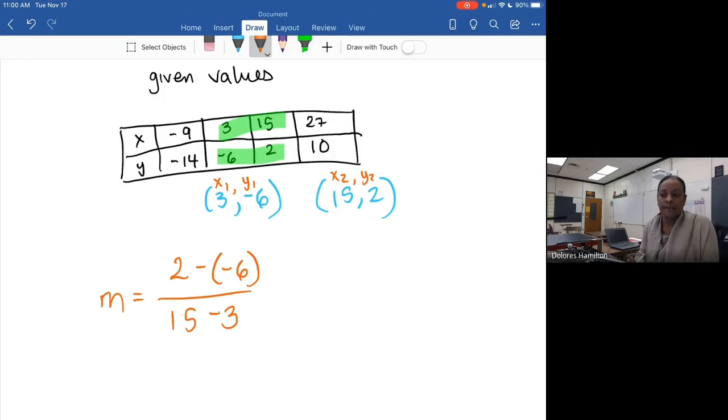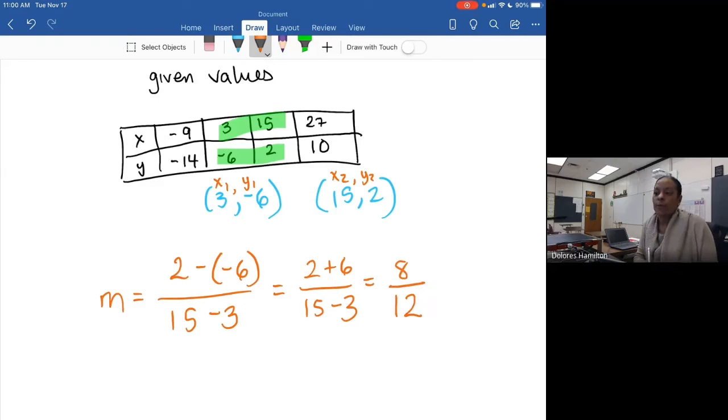It looks like this: y2 minus y1 over x2 minus x1, which simplifies to 2 plus 6 over 15 minus 3, which gives us 8/12. We can simplify that to 2/3, since 4 goes into both. So this slope is 2/3.